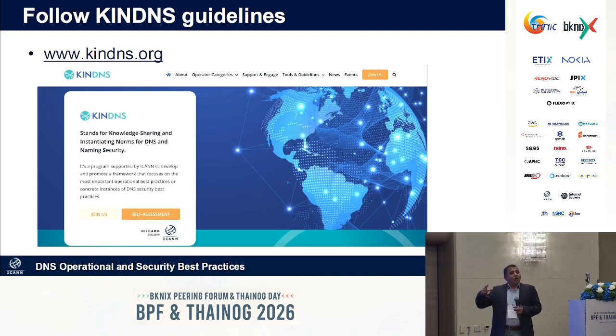But if you want to become an ambassador, that means if you want others to follow you, then you can join KINDNS as a participant, so that it is like a compliance. We would recognize you as an operator who is compliant with KINDNS, and you will have good credibility in the community as an operator who follows KINDNS practices, right?